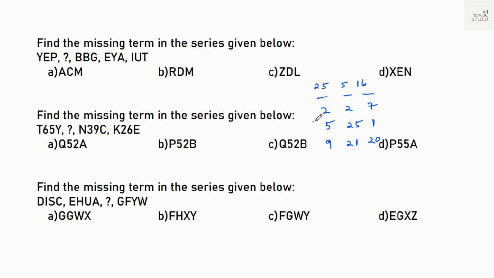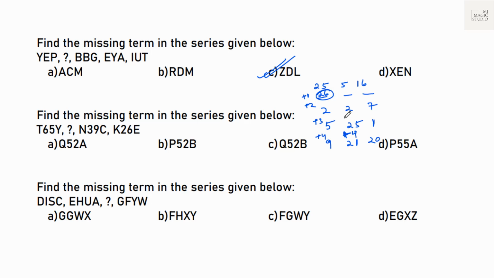Okay, so 2 plus 3 is 5. 5 plus 4 is 9. So 25 plus 1 is 26, and 26 plus 2 is 28, and the 26th one is Z. Answer should be ZDL. Let's check here. 21 plus 4 is 25.